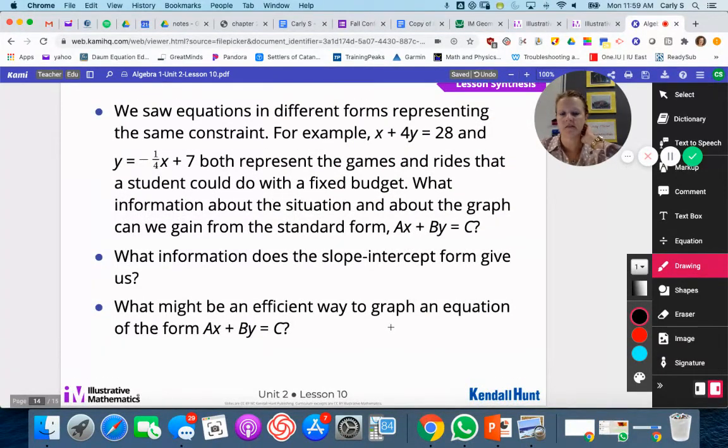So we saw equations in different forms representing the same constraint. For example, x plus 4y equals 28 and y equals negative 4x plus 7 both represent the games and rides that a student could do with a fixed budget. What information about the situation and about the graph can we gain from standard form? If I have y equals 0, that'll give me my x-intercept. If I have x equals 0, that will give me my y-intercept.